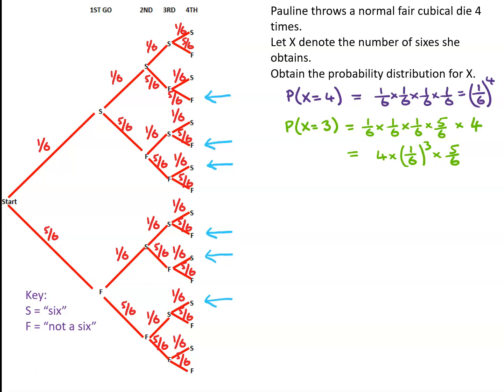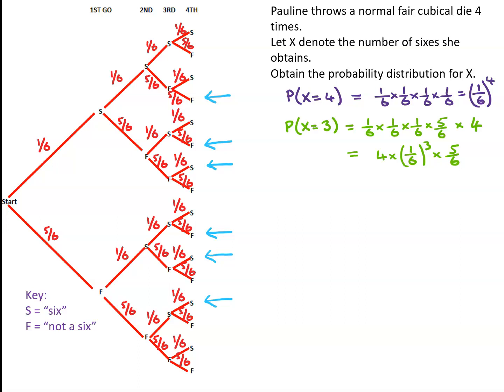If we now move to the ways in which Pauline can get 2 sixes, well, the first one that will come, if we go up the tree diagram as far as we possibly can, will be a 6, 6, followed by failure, failure.